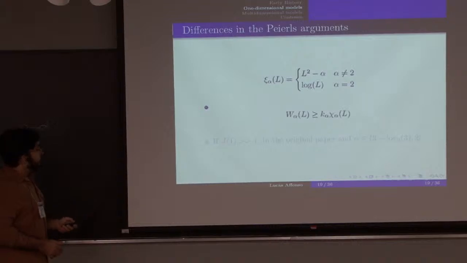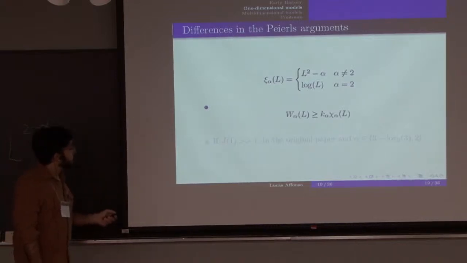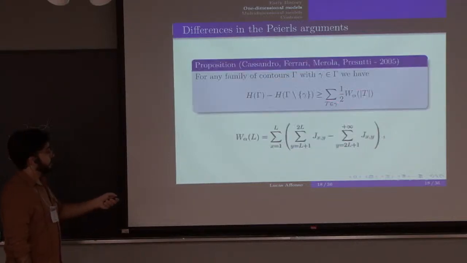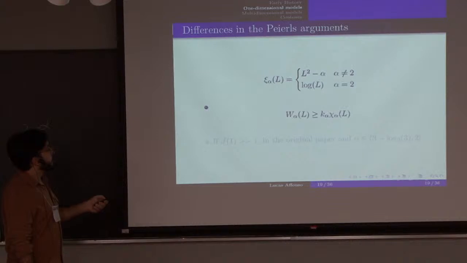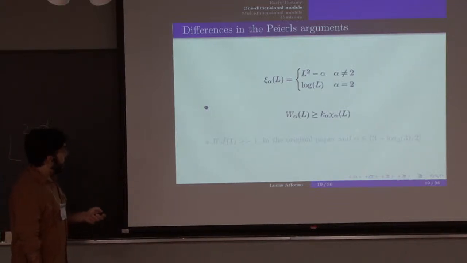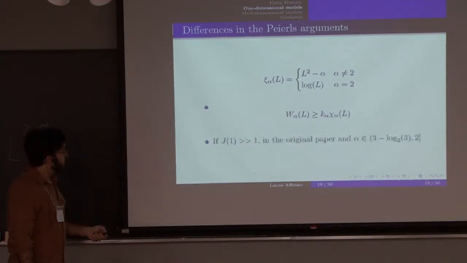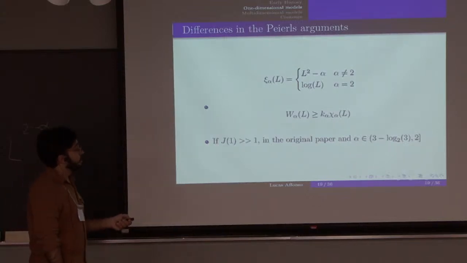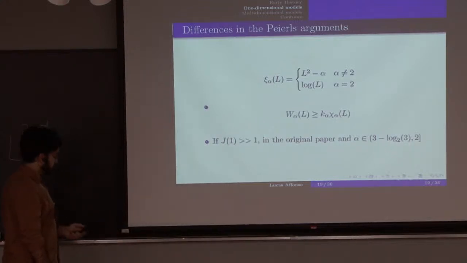So what you get if you define this quantity over here is that the energy of a triangle configuration is larger than something that depends on the decay. And they managed to show this result if the nearest neighbor interaction is large, and there is a restriction on alpha. So the decay can be 2 in this case of their paper, and they can also reach some other region right here.